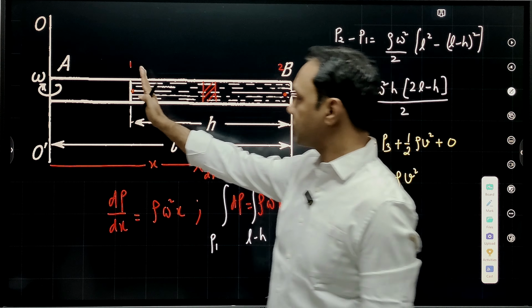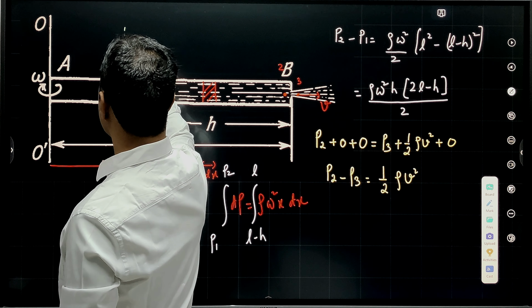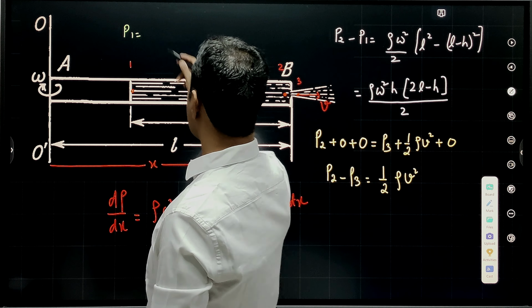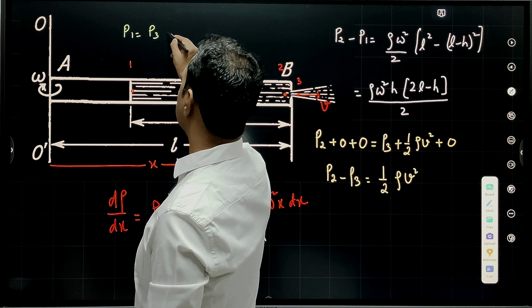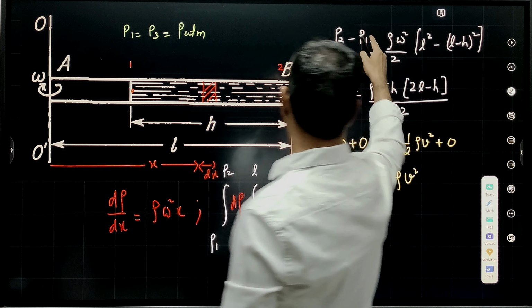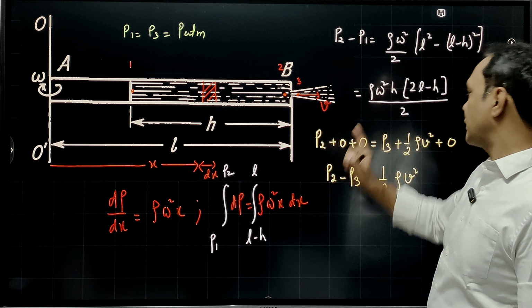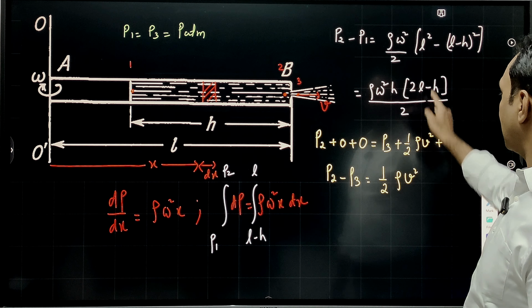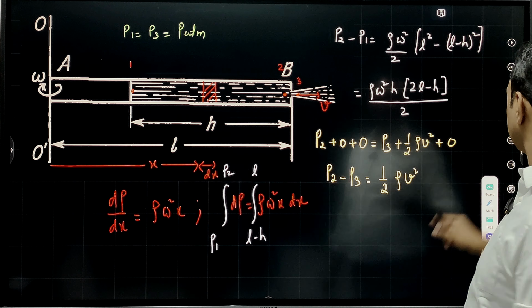P1 is open, so P1 is P atm, and this is also open, so P3 is also P atm. P1 and P3 are equal, so P2 minus P1 is equal to P2 minus P3. So in both equations the RHS will also be equal.